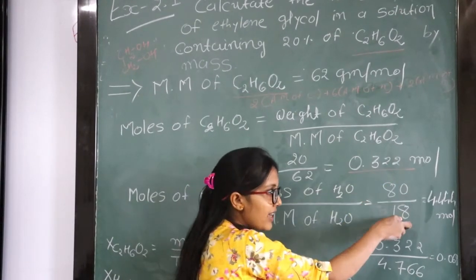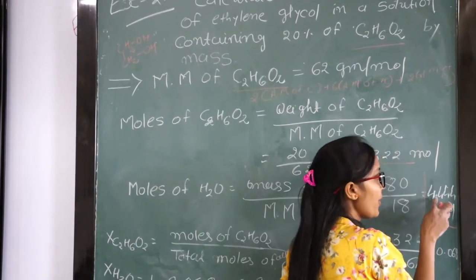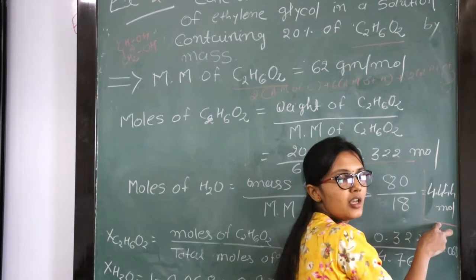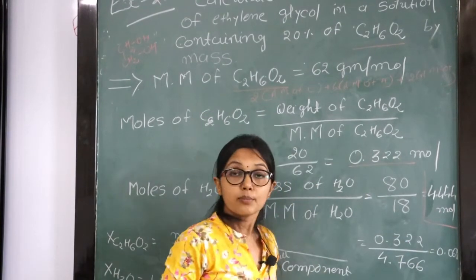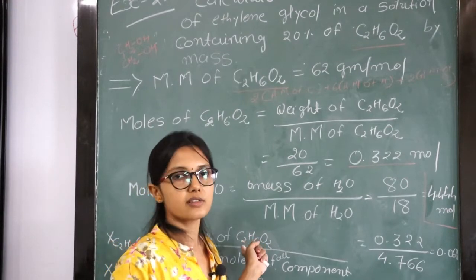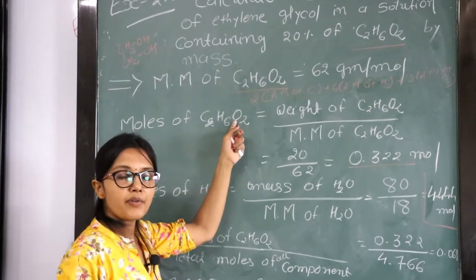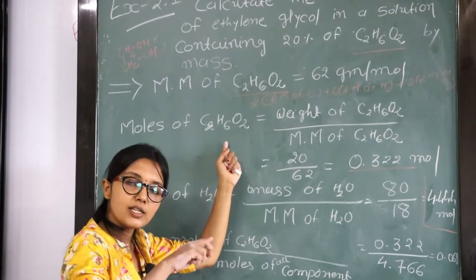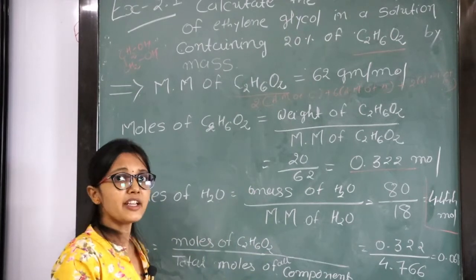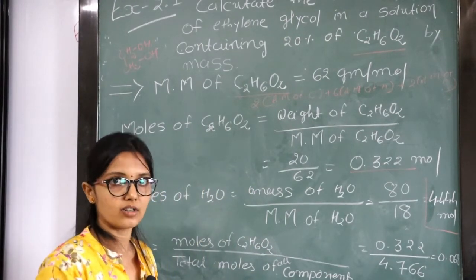When 80 is divided by 18, it gives us 4.444 mole. We use the mole unit because this is a calculation of moles. See, we have calculated the solute and solvent moles. Now, our main question is the mole fraction of the solute, ethylene glycol.